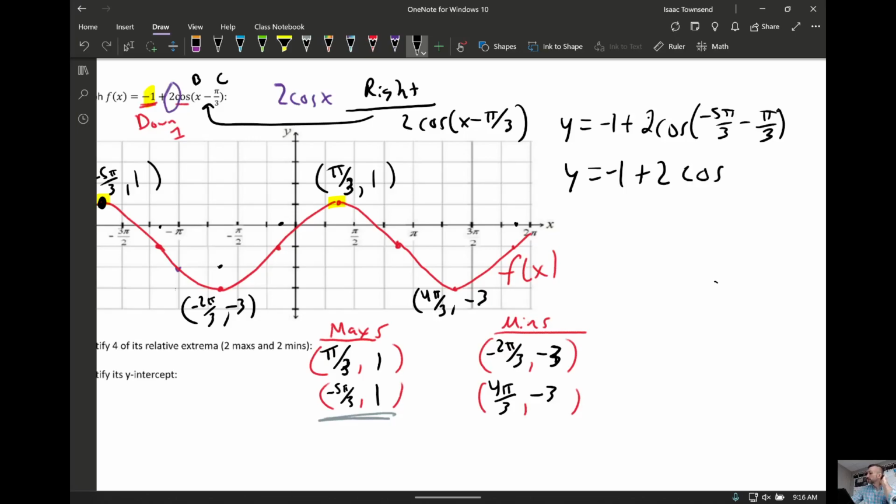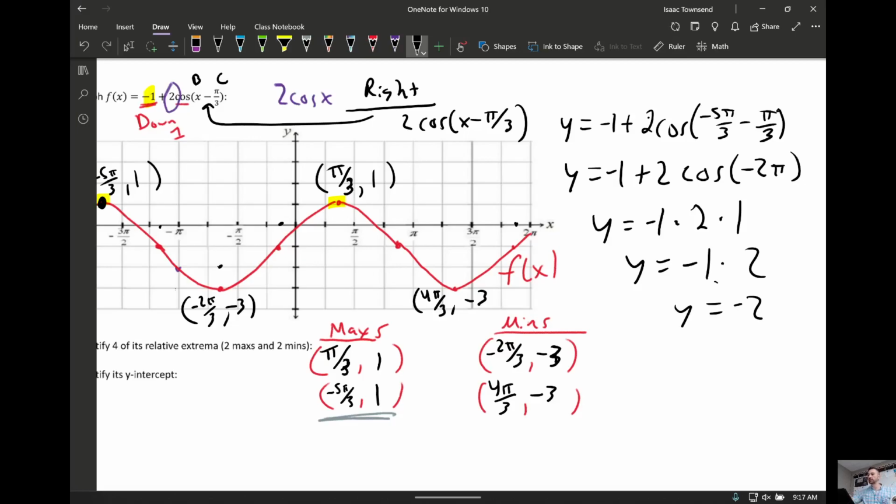Okay, so -5 pi over 3 minus another pi over 3 would be -6 pi over 3, which reduces to -2 pi. The cosine at -2 pi is 1. So I have -1 times 2, which should be -2. And that doesn't match up, so I've got a mistake somewhere.